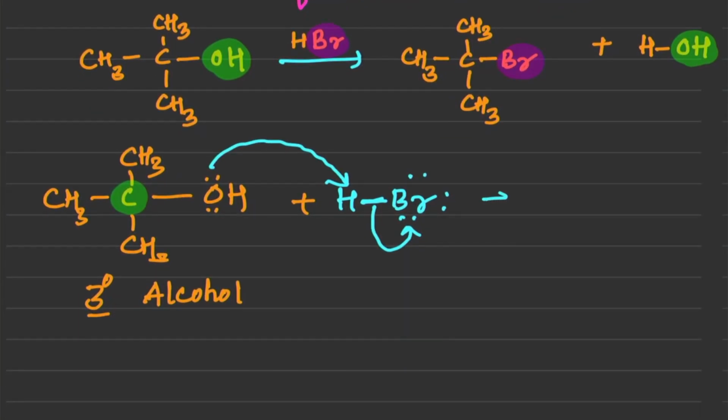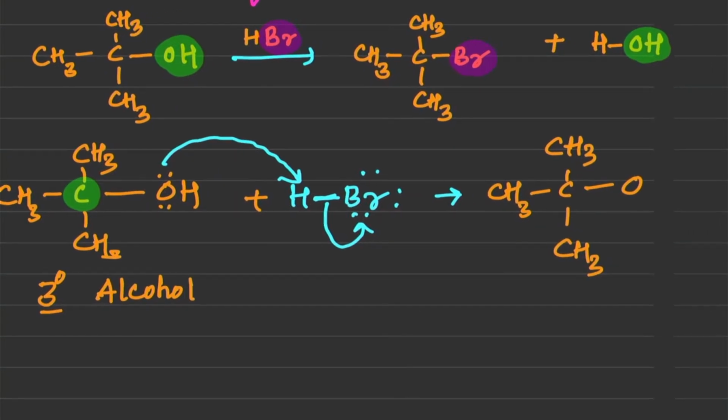So let's draw it out. We will get CH3, CH3. Nothing changes here. We have O, and it has a hydrogen already. Now it will connect to another hydrogen from the bromine. The other lone pair will stay as it is.